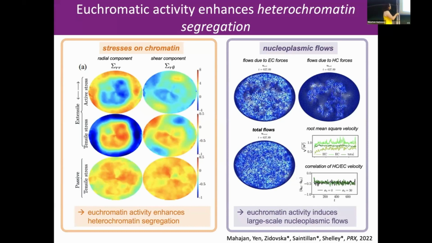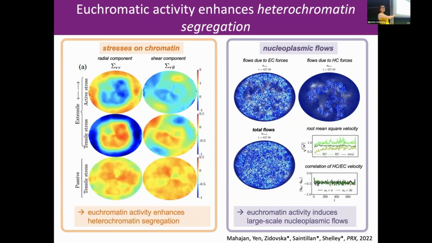So you see that there are large tensile stresses inside of the heterochromatin, and there are these active stresses, since we have our activity localized here, that's where the euchromatin, the phase separation basically of the active and inactive parts went. So those active parts of the polymers are localized here. So this is where the amplitude is the highest. So indeed, this is another piece of evidence, right, that the euchromatin activity enhances heterochromatin segregation.